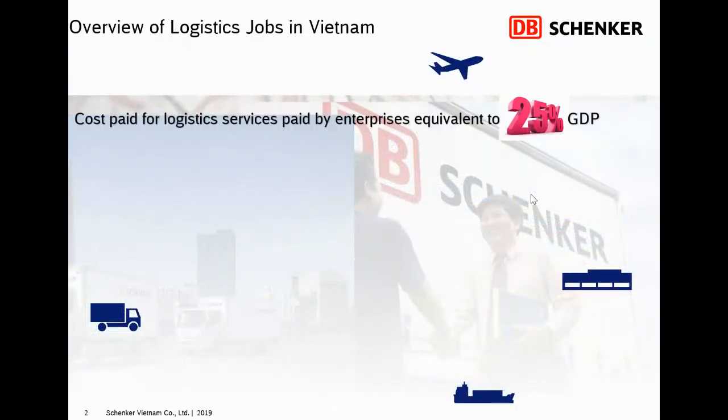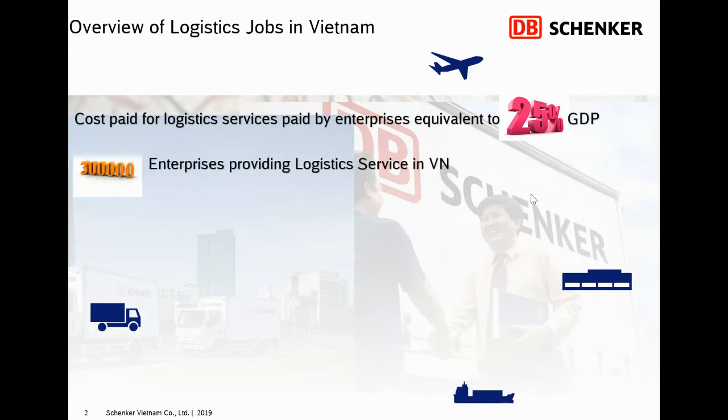According to the research made by the Institute of Research and Development under the National University of Economics, the cost paid for logistics service by all the enterprises in Vietnam contributes 20% to the GDP. So from that you can see that logistics contributes a very big portion to the GDP in Vietnam.